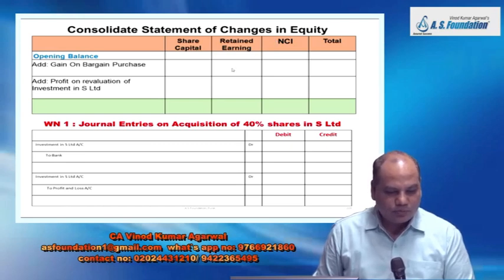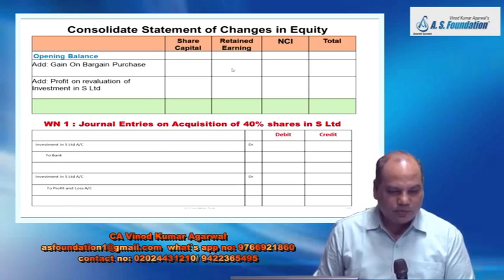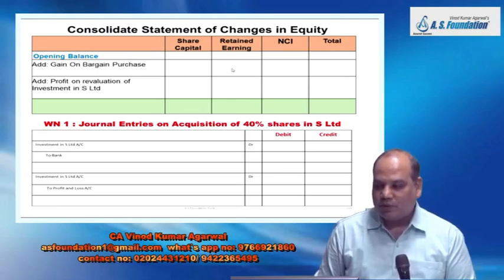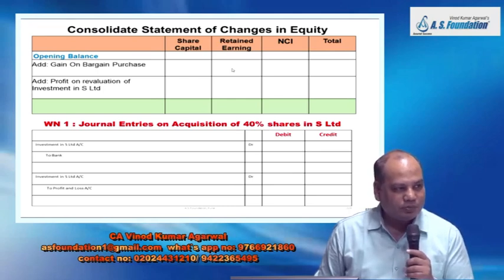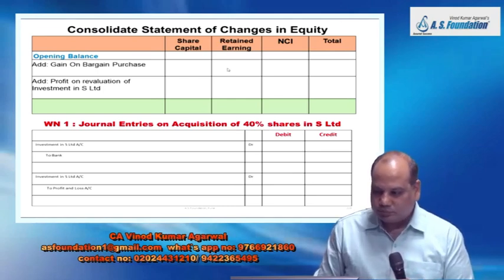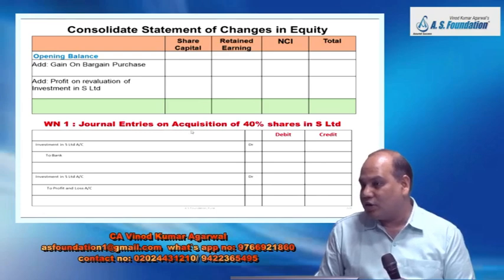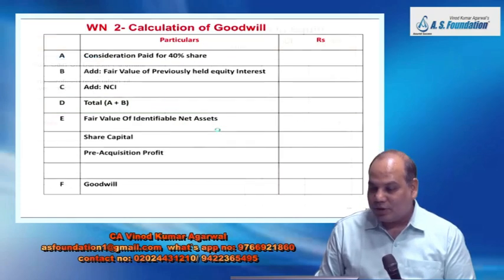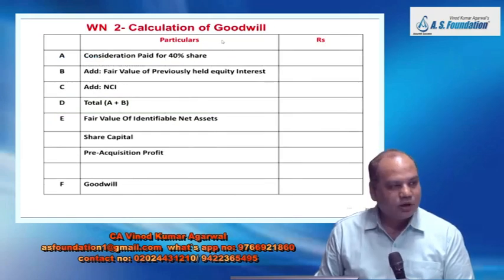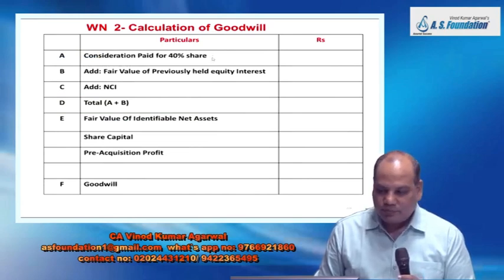What is the year ending date? 31st March 2020. And when was control acquired? 31st March 2020. All profits of the subsidiary will be treated as pre-acquisition. One more working note in this question I have prepared is the journal entry on the date of acquisition, and one working note, calculation of goodwill.